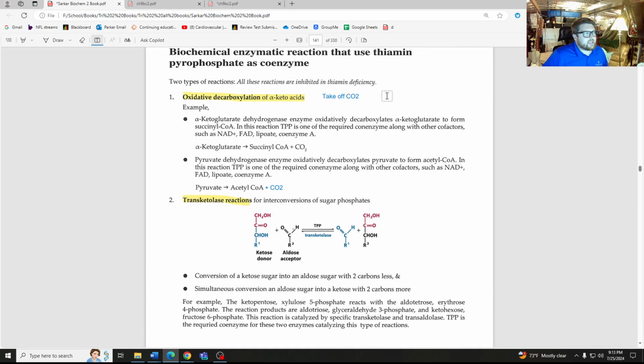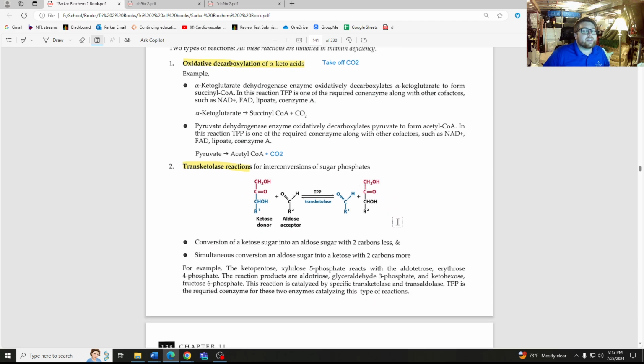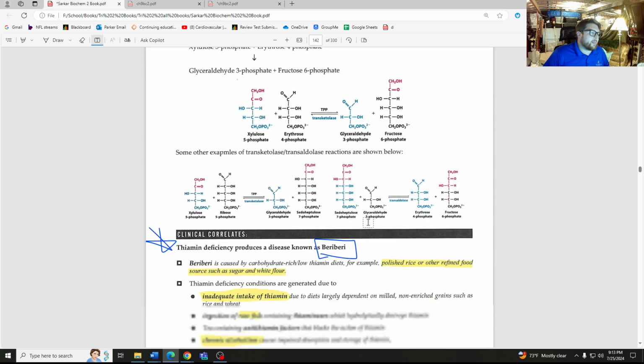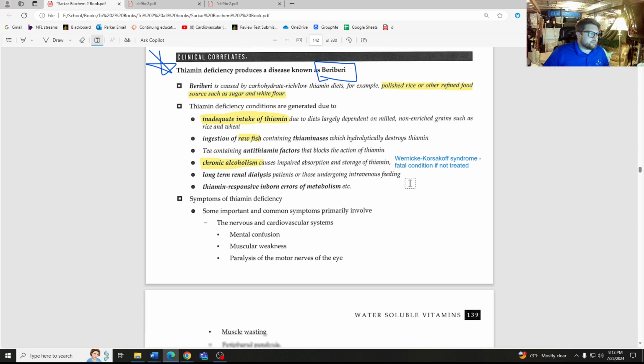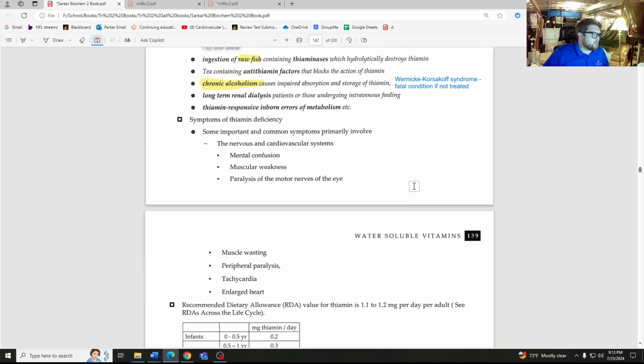Remember, taking off that decarboxylation reaction, which we need for glycolysis and going into the Krebs cycle. If we're not able to convert to the Krebs cycle, we can't produce ATP. Cells start to die. So you'll see that. I don't know if you'll see it in this test or just in the future, but we'll see if we find it through the book as we keep going.